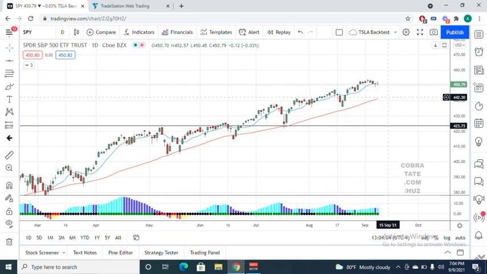As long as they're acting right, I will keep them. Once they stop acting right, once SPY falls below the 50MA, I will move to all cash. Now it's time to sit back and relax and understand what the market is about to do.